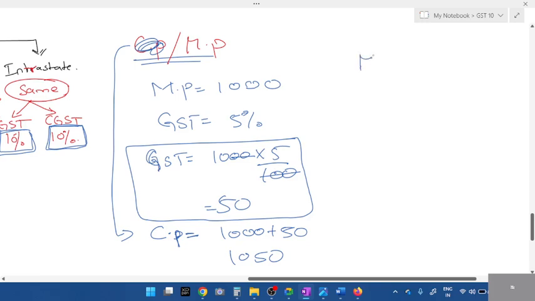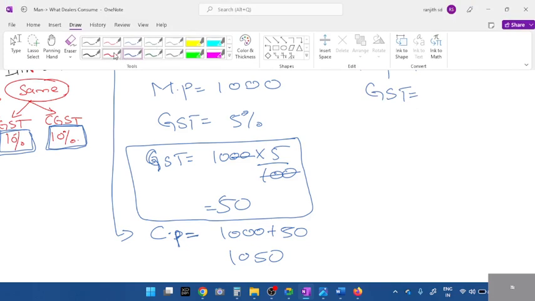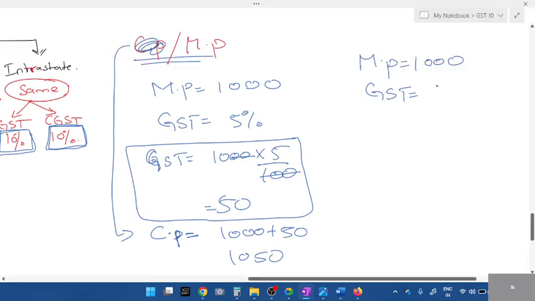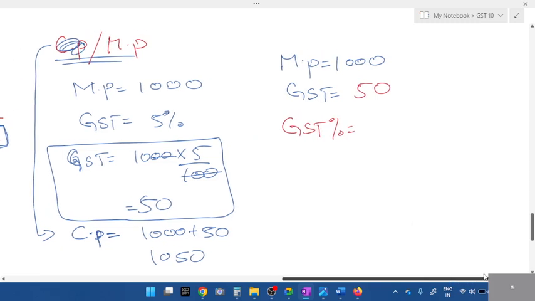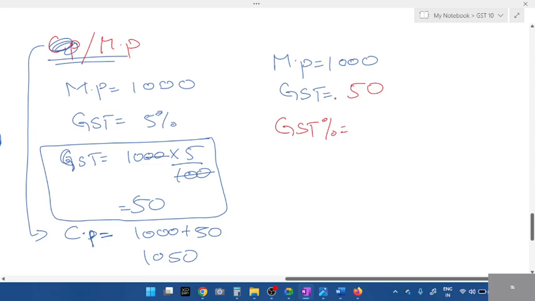Next, if the mark price is 1000 and GST is given in terms of rupees, students, rupees, we need to calculate the GST percentage. How do you calculate it? Now GST is not given in percentage, it's given in rupees.